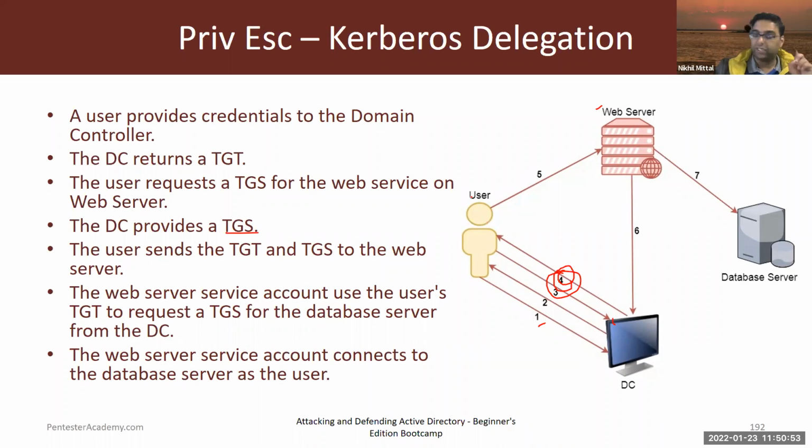Now the web server can decrypt the TGS. Why? Because the TGS is encrypted using the web server service account. And this is just a representative diagram. Please do not use this anywhere because this is not technically absolutely correct.